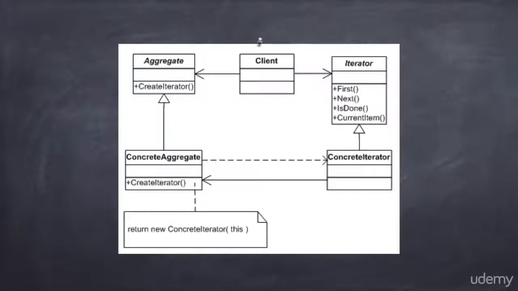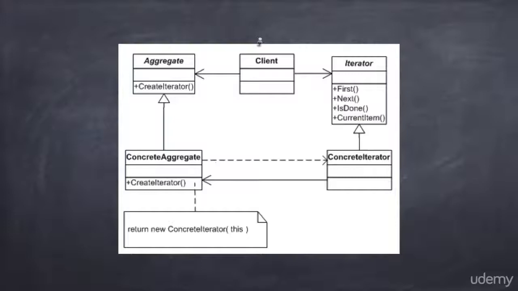Next, next, for moving the iterator to the next element in the collection. IsDone, for detecting if we have reached the final element in the collection. And currentItem, for retrieving the current element. With these 4 members, a client can sequentially access each element in the collection.